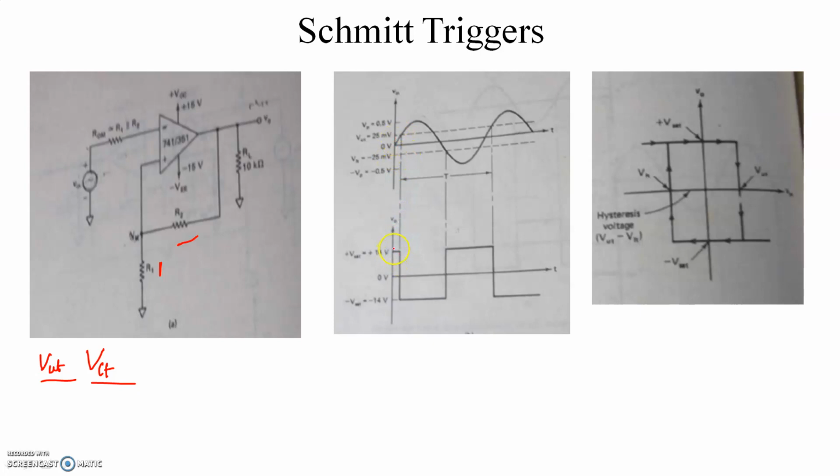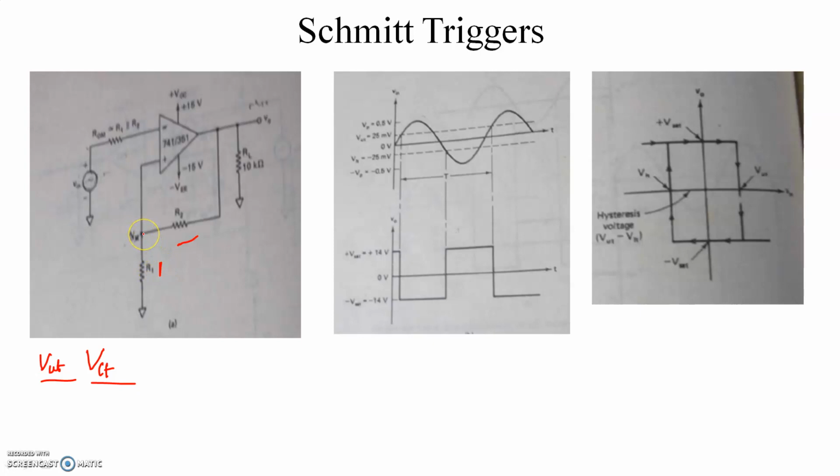Until then it is at plus V saturation, and the voltage across R1, VUT, is positive. Whenever the input becomes slightly more positive than VUT, the output switches to negative saturation. When the output is at negative saturation, the voltage across R1 changes to a negative quantity called the lower threshold voltage VLT.